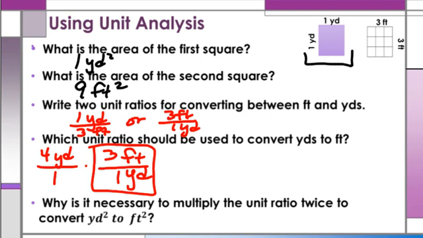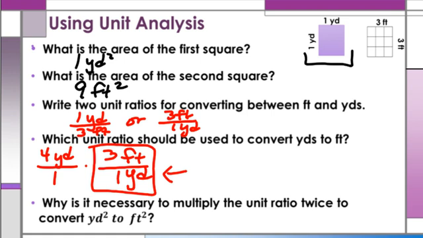Why is it necessary to multiply the unit ratio twice to convert from square yards to square feet? If we look back at this example right here, I only have feet and yards. I need to have square feet and square yards.